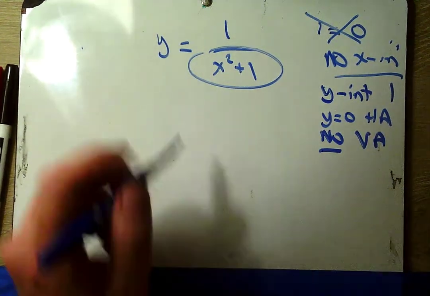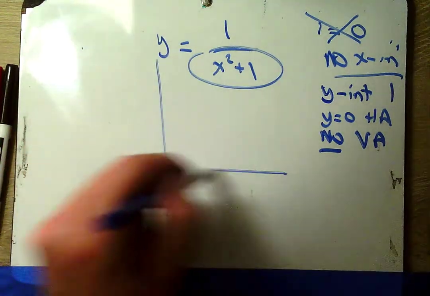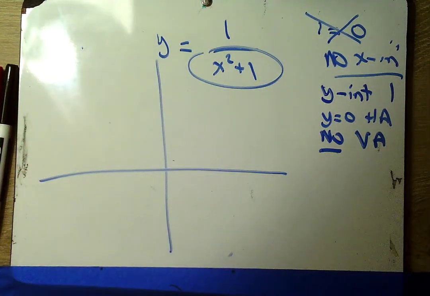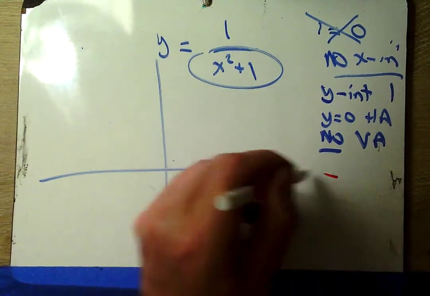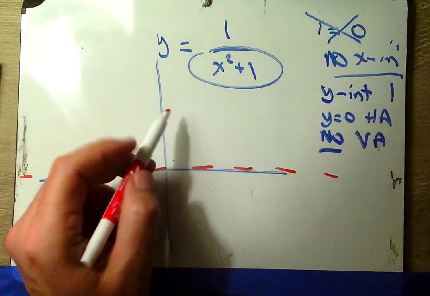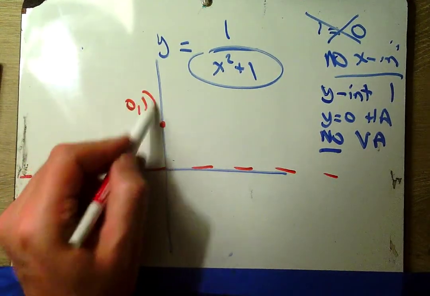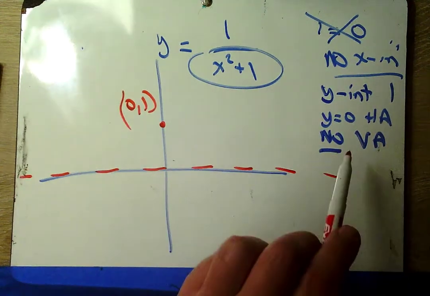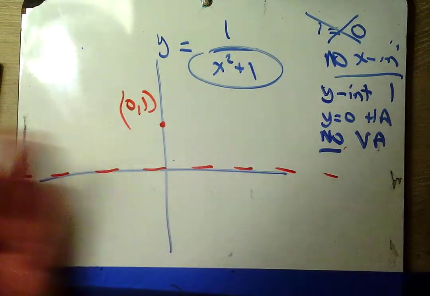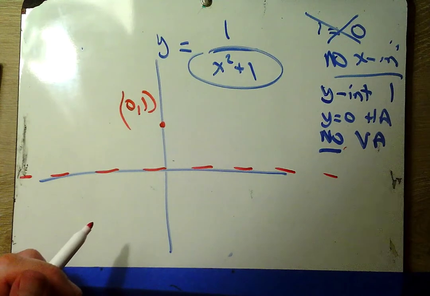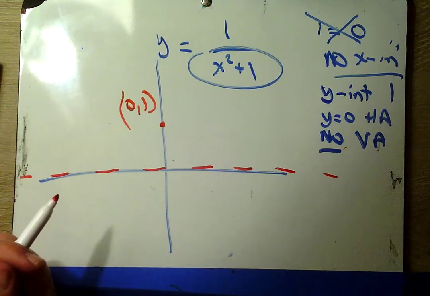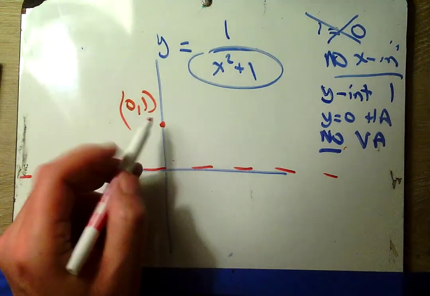Yeah, really. So let's graph what we have. We have a horizontal asymptote at y equals 0. We have a y-intercept at 0, 1. We have no x-intercepts and no vertical asymptotes. This is all I've got. I know. It's kind of like, now what, Kukla? Well, like this.